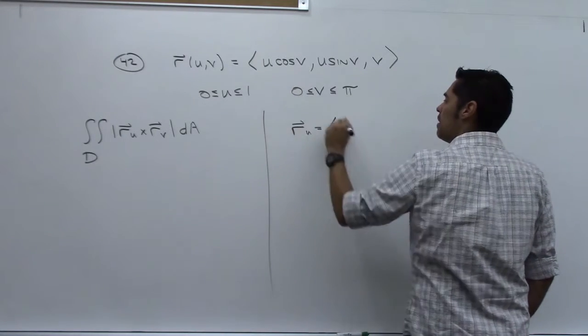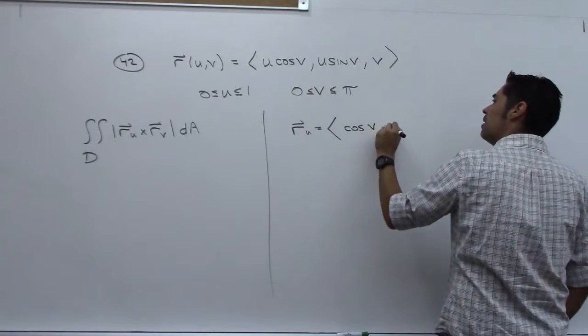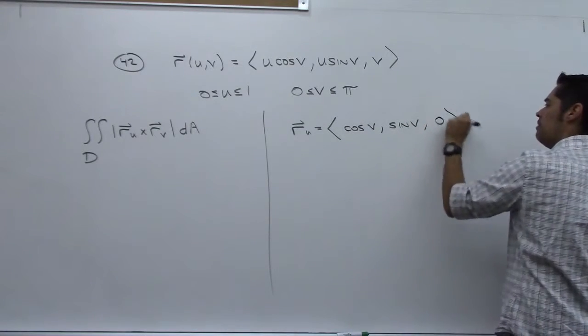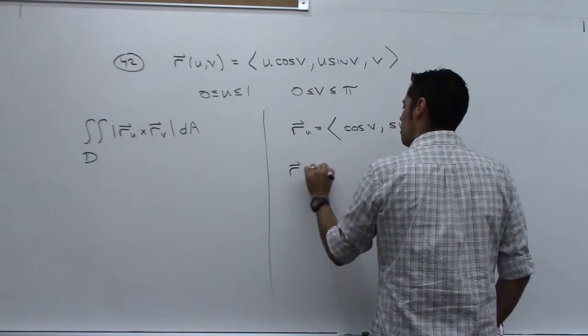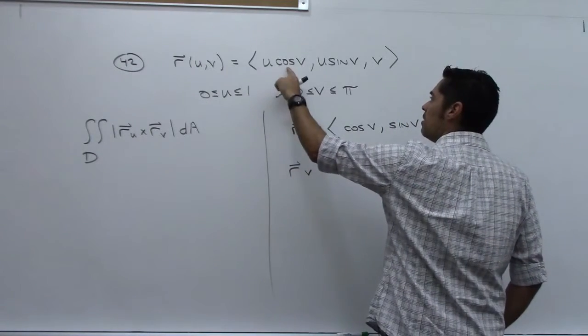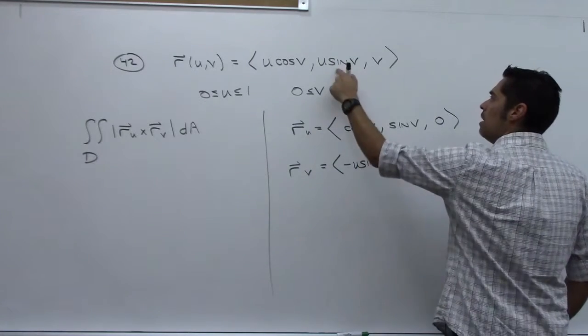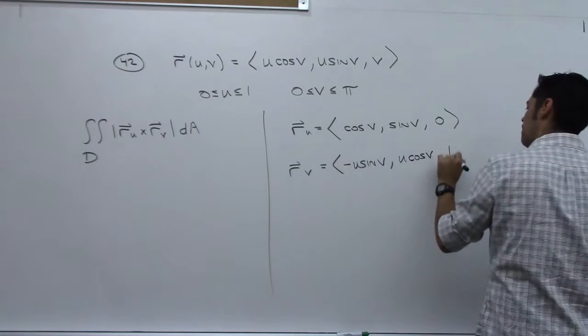Partial of this with respect to u is cosine v. Partial of this with respect to u is sine v. And partial of this with respect to u is 0. All right, the partial of r with respect to v will be, let's see, u is a constant, so negative u sine v, u cosine v, and 1.